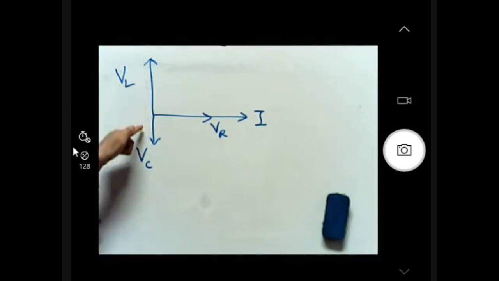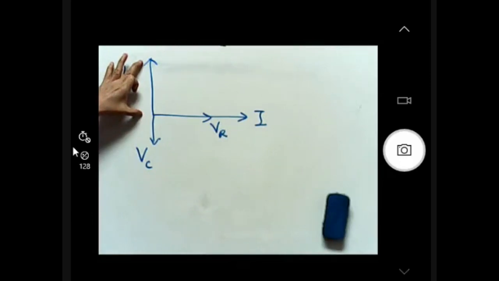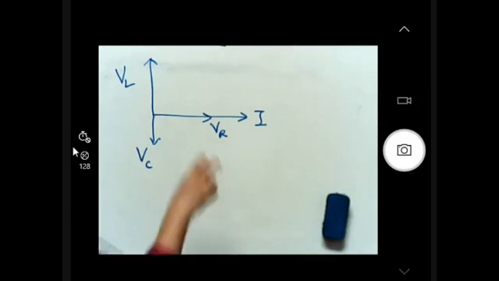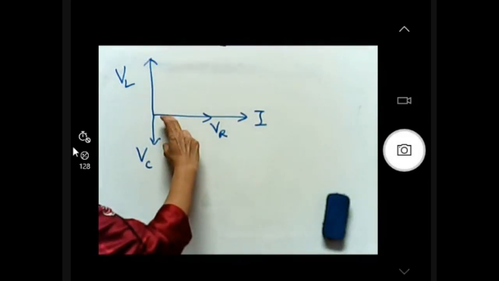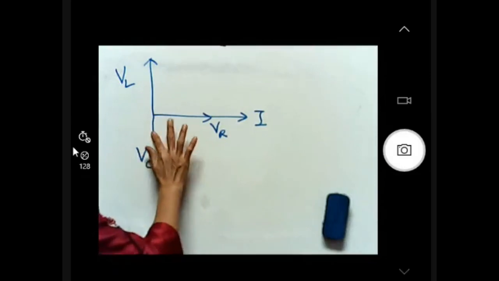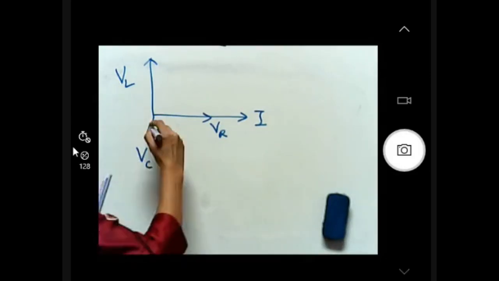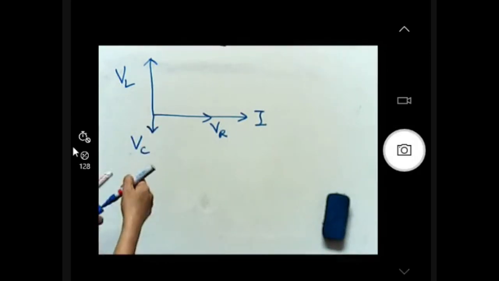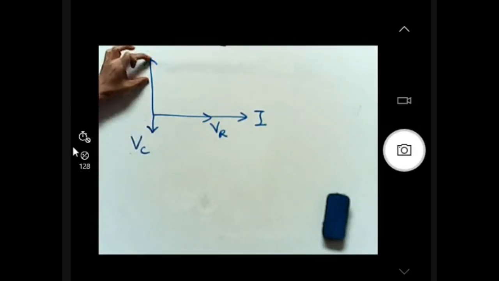Since this is a vector and they are in the same line, I can just get the resultant of VL and VC, meaning this vector minus this vector. Let me make it a bit shorter so you can see clearly. So this length minus this line.